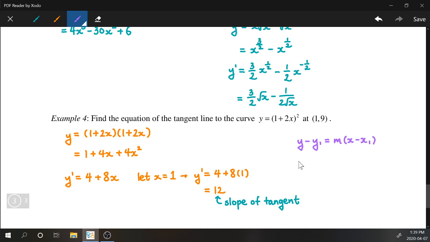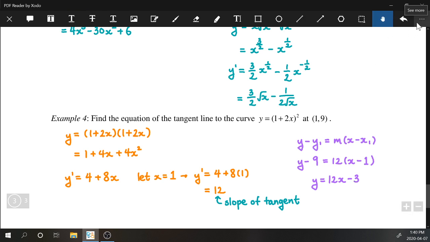So in this case, y1, of course, is the 9 that's given. m is the slope of the tangent, which we know is 12. And then x minus x1, of course, that would be the 1 there. And then if you want to rearrange the terms, you will get y is equal to 12x minus 3.